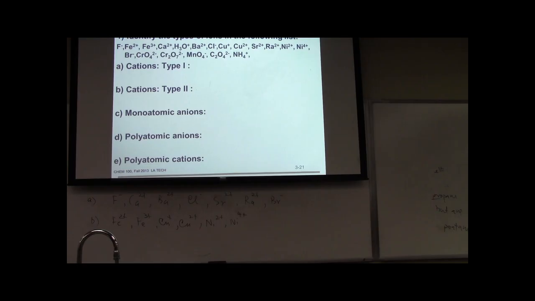What are monoatomic ions? Fluoride, bromide, right? Monoatomic. Monoatomic is only one atom. Okay, what is polyatomic ion? Polyatomic anions, D. What are polyatomic anions?